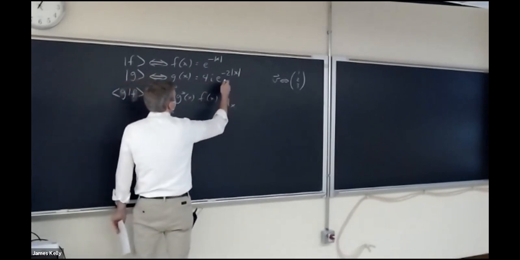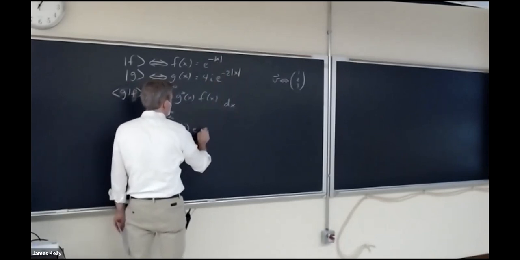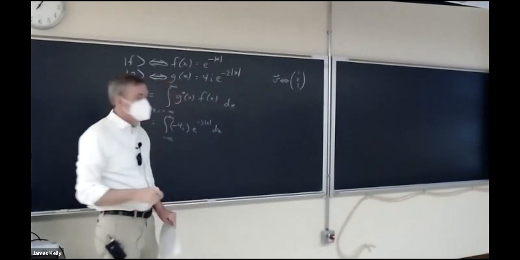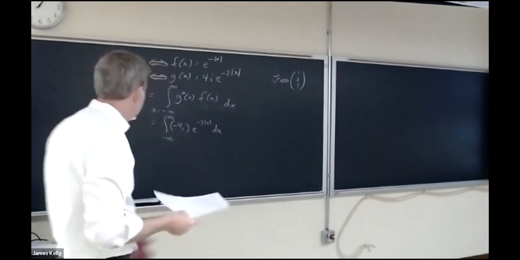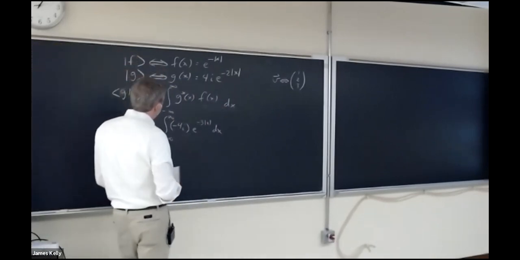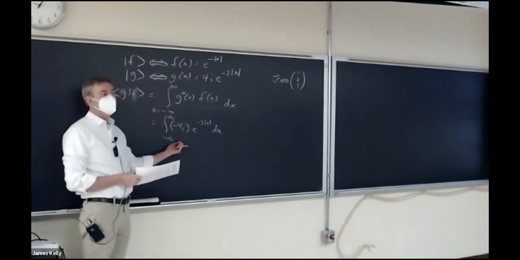And then I have an e to the minus 2x times e to the minus absolute value of x, which is e to the minus 3 absolute value of x dx when you combine them into a single exponential function. And then, how could I go about analytically completing this?